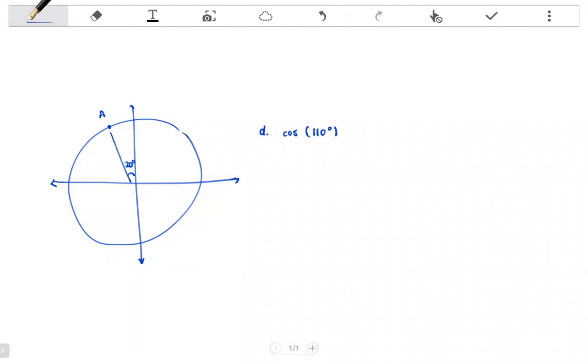Since we're finding the x-coordinate, xy, right? Cosine is correct, and this is 110 degrees because this is 90 degrees. So that's correct.